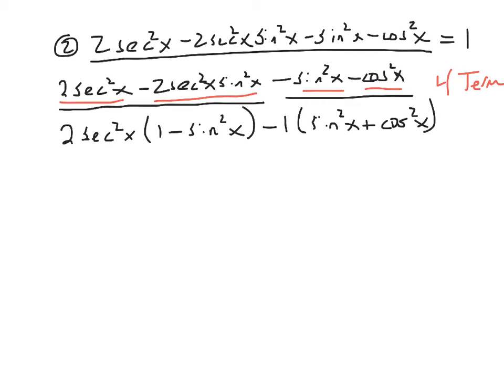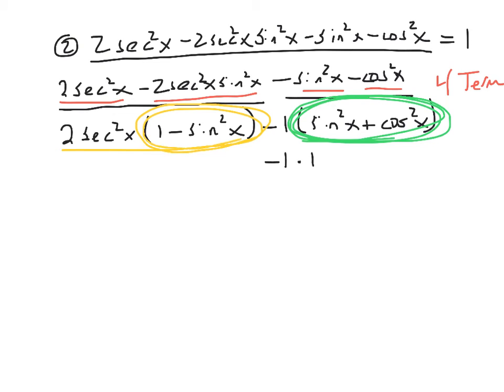Okay? Now, focus on this, like your identity bell should be ringing like crazy here. Sine squared plus cosine squared is 1, so this whole chunk just becomes minus 1 times 1. Now, on this piece here, I can see 1 minus sine squared, and hopefully you're getting better at this now. I've got 2 secant squared x times 1 minus sine squared, which is cosine squared.